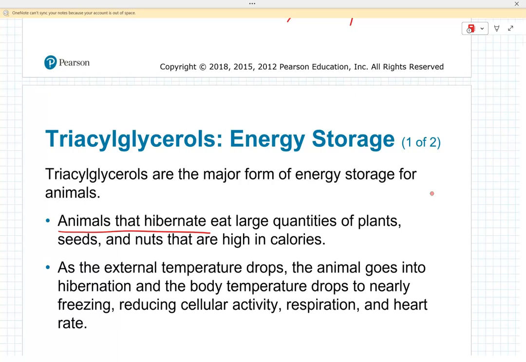So they eat a lot of high-calorie foods, and they don't spend that much energy during that time, so they accumulate an enormous amount of fat in the body, okay? When they go into hibernation, their body temperature reduces, okay? They still have metabolism, but it's much slower, so they don't spend so much energy, and the fat that they accumulated allows them to go through the winter.